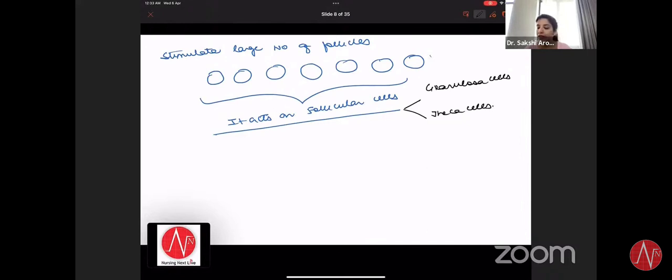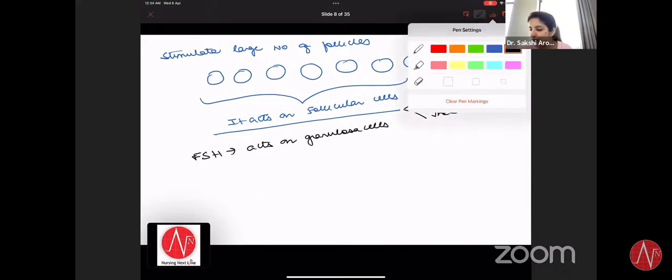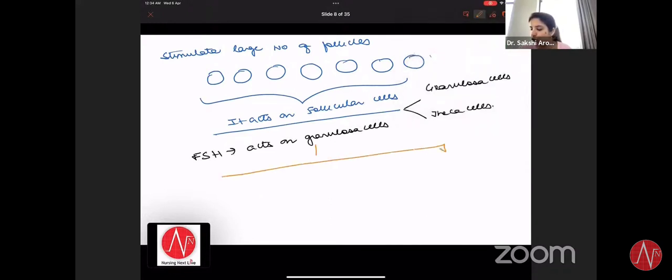So it stimulates a large number of follicles, and उनके जो follicular cells हैं, they are going to get converted into granulosa cells and theca cells. So now what is FSH going to do? FSH acts on granulosa cells, and granulosa cells will release two hormones. It will release estrogen and inhibin B.